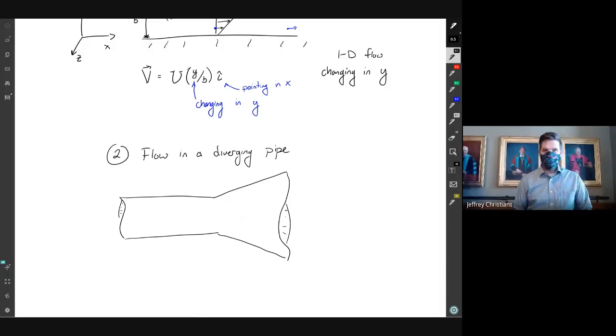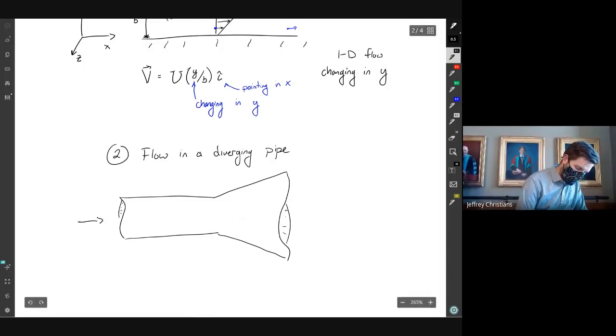Okay, so our coordinate system, we're not going to use Cartesian coordinates, we'll use cylindrical coordinates because we're in a cylindrical geometry. So our coordinate system is going to look like that. We'll call it x, r, and theta.